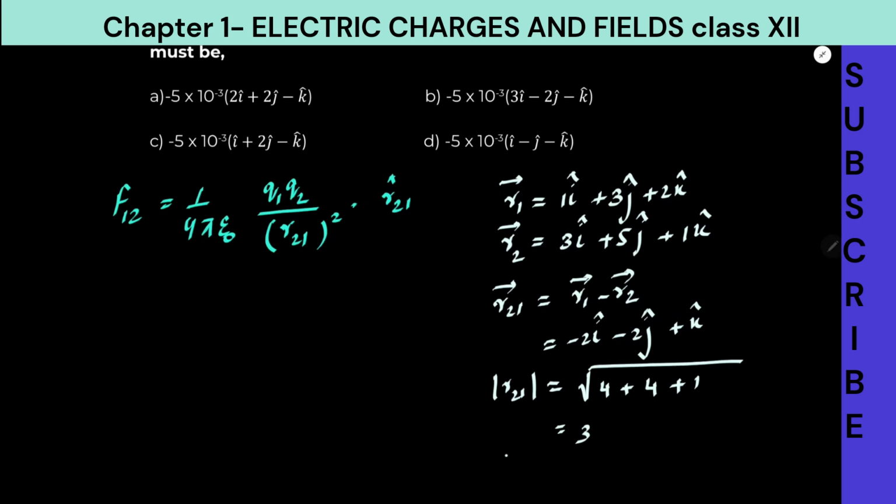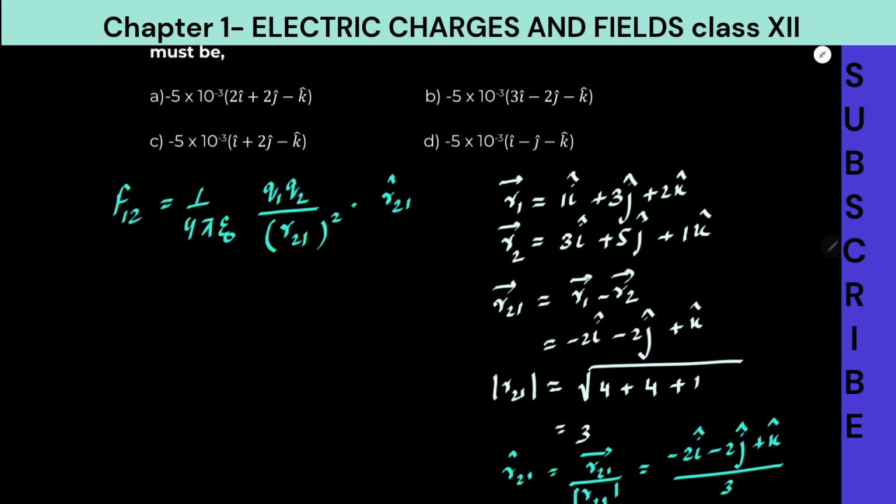How do we find the unit vector? From class 11th, the unit vector R21 cap equals R21 vector upon the magnitude of that vector. So R21 cap is minus 2i minus 2j plus k cap, whole divided by 3. We got our data.